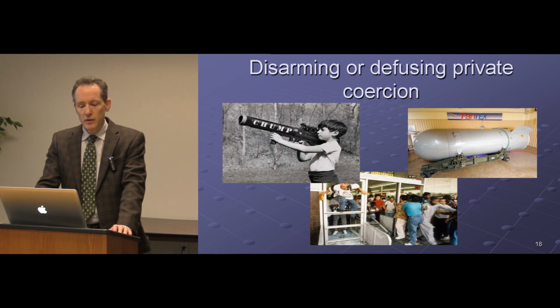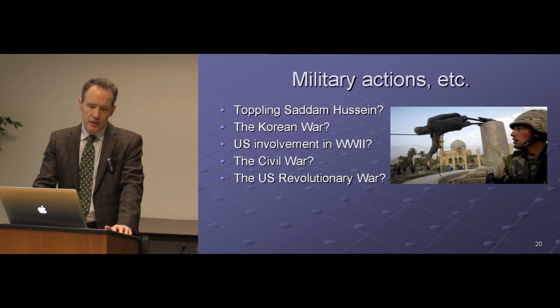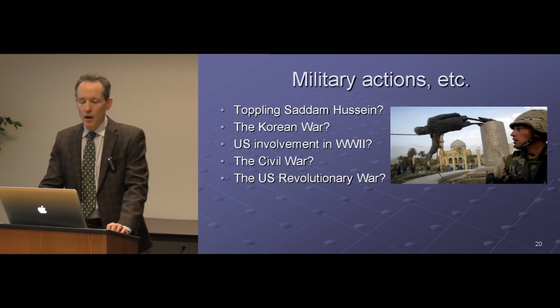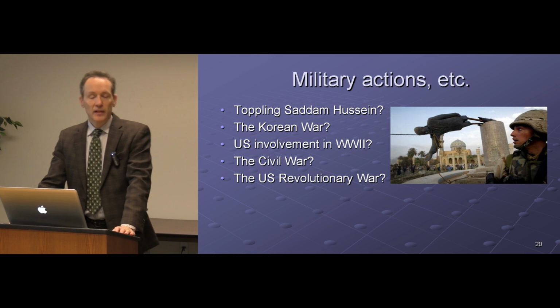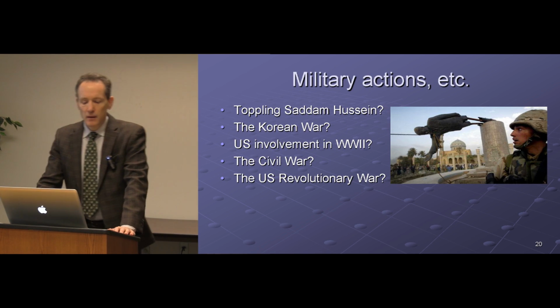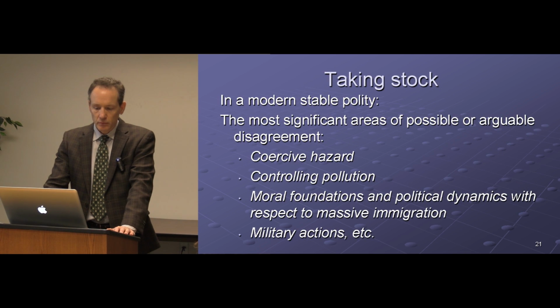Disarming or defusing private coercion, like private ownership of arms, maybe curfews during urban riots. Controlling pollution. Military actions, toppling someone who's an even worse coercer, an even worse liberty violator than the liberty violations involved in toppling such bad guys, and so on.